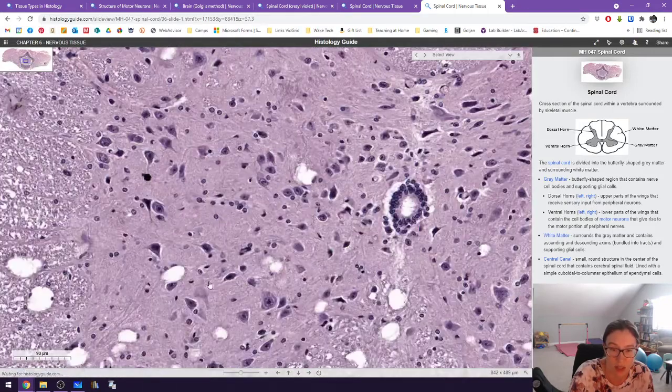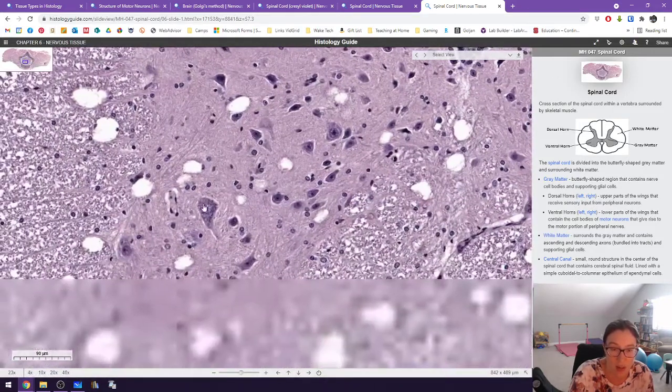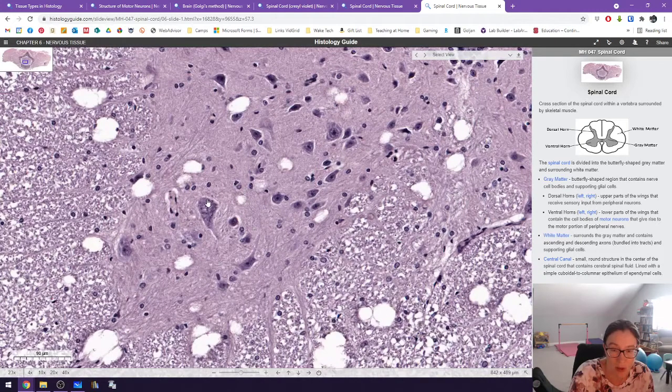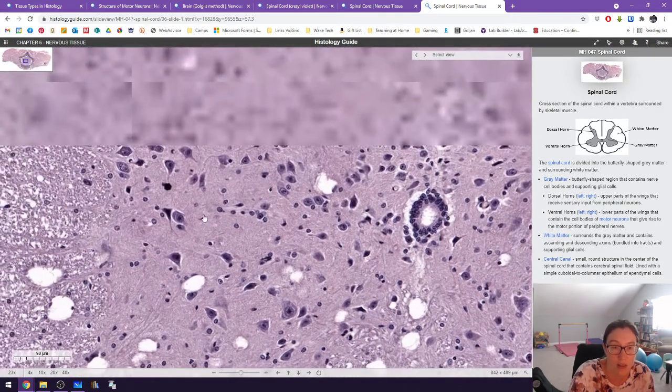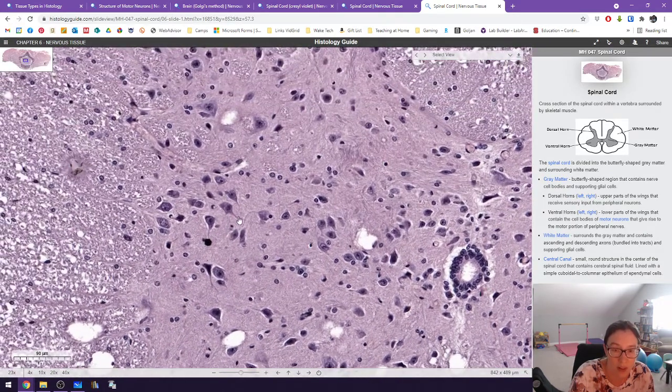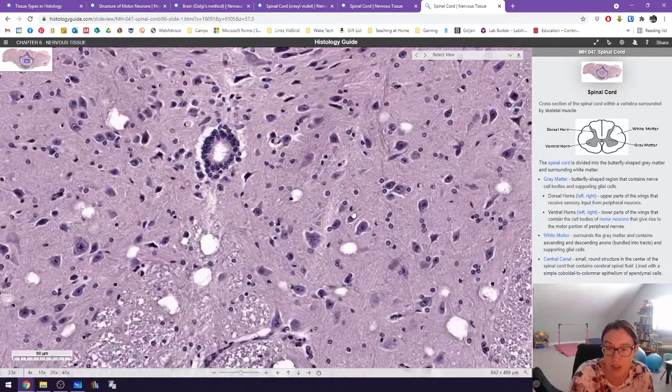If we zoom in, we can see this part is the gray matter again, and we can see some nice big spider-shaped neurons over here with the Nissl substance within. Here's another neuron, and you can find the little neurons over here with some of their large projections.